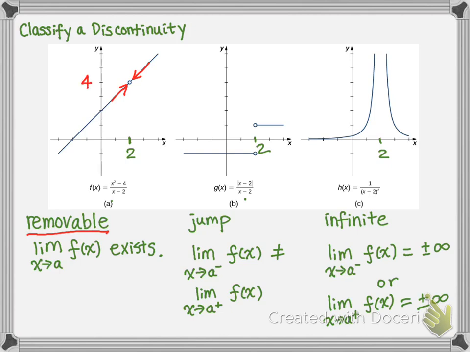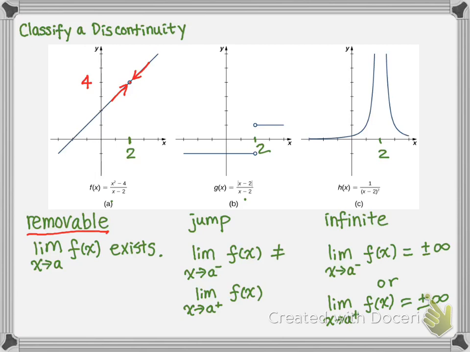However, there's a hole, so the function is undefined. So we can see the function is not continuous and the discontinuity can be removed if we can fill this hole. So this is the first type, removable, when the limit exists.